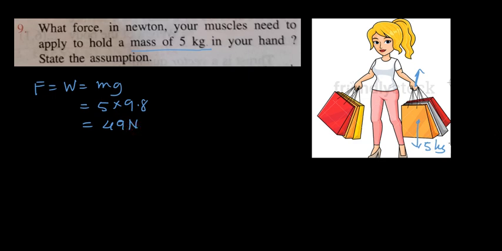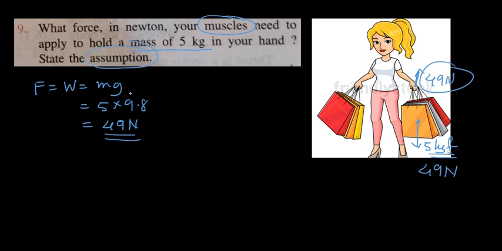So these bags are pulled down by 5 kgf, so that will be 49 Newton. So to hold them, the girl has to apply a force of 49 Newton upwards. So therefore the force required by the muscles is 49 Newton.